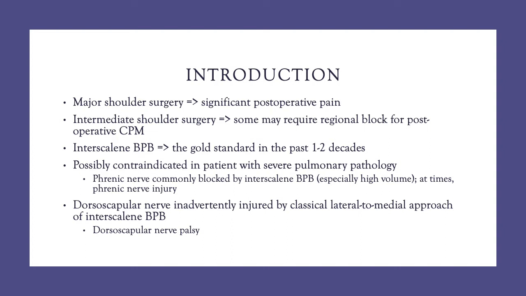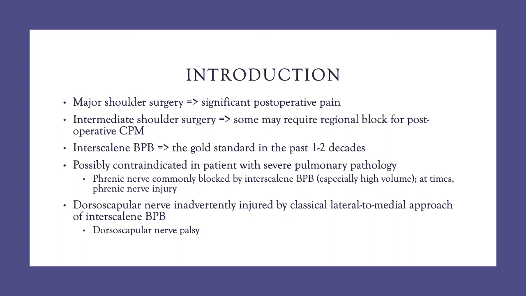So in the past 1 or 2 decades, interscalene brachial plexus block was regarded as the gold standard in shoulder surgery. However, if the patient has some severe pulmonary pathology, this interscalene brachial plexus block would possibly be contraindicated because of the risk of blocking the phrenic nerve or even injuring the phrenic nerve.